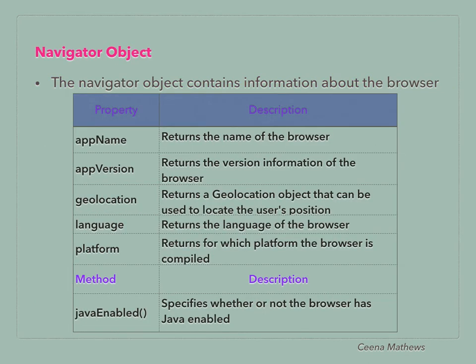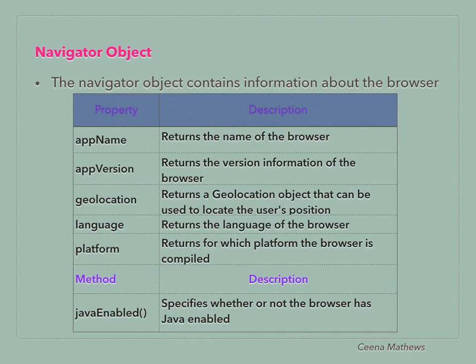Next is navigator object. It contains information about the browser. The properties of navigator are appName, that is it returns the name of the browser. AppVersion will return the version information of the browser. Geolocation returns a geolocation object.